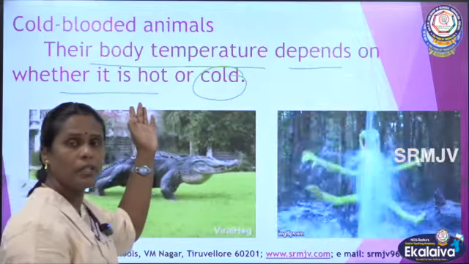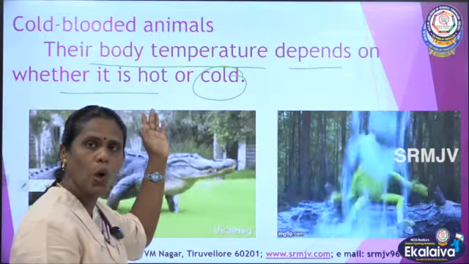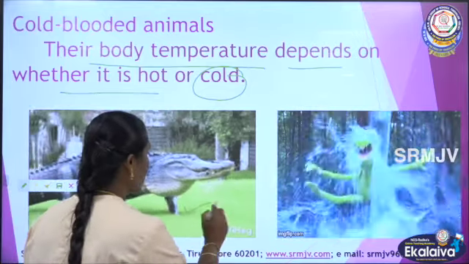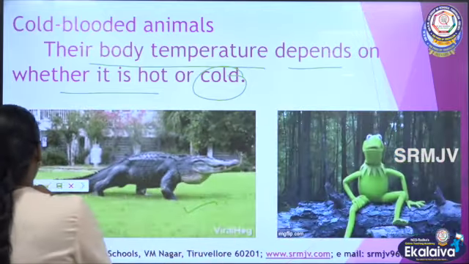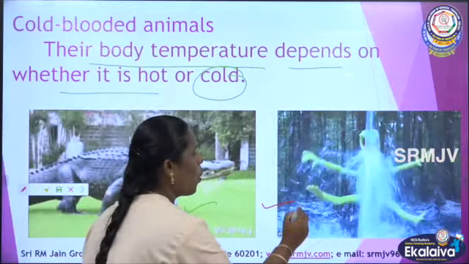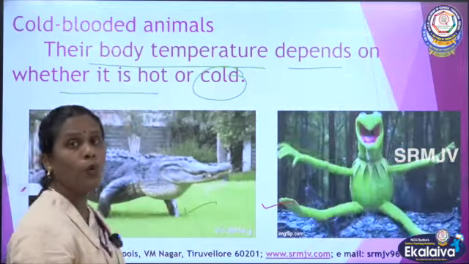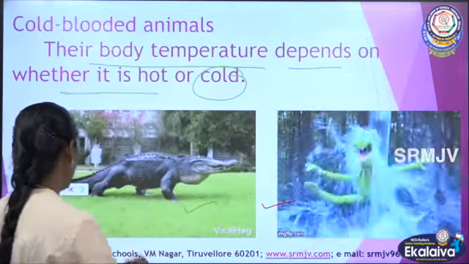That kind of animal is called a cold-blooded animal. Crocodile, frog, chameleon are examples of cold-blooded animals.